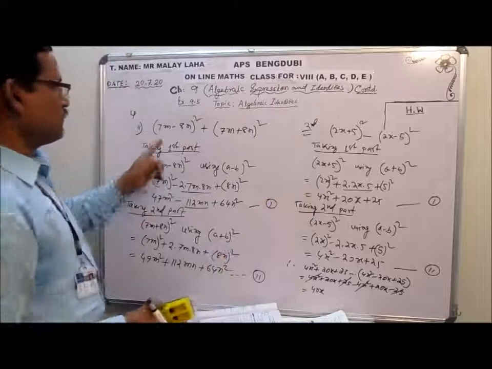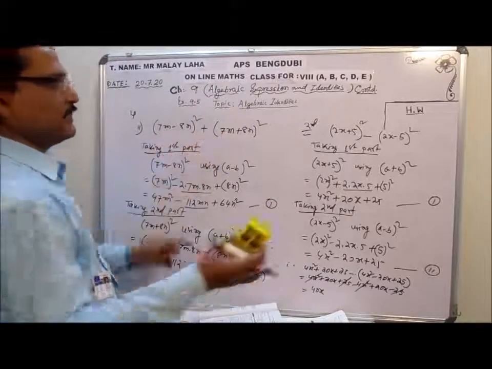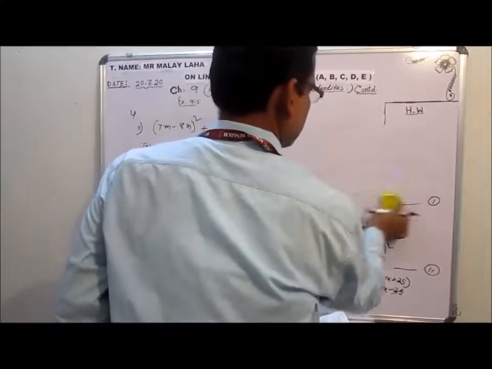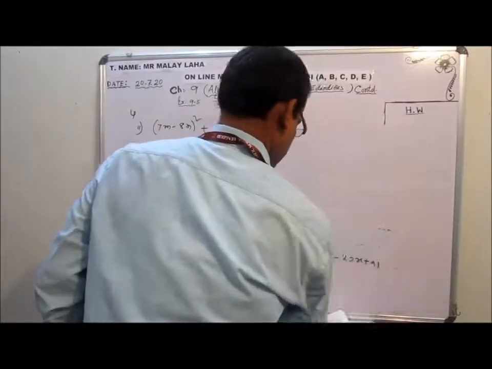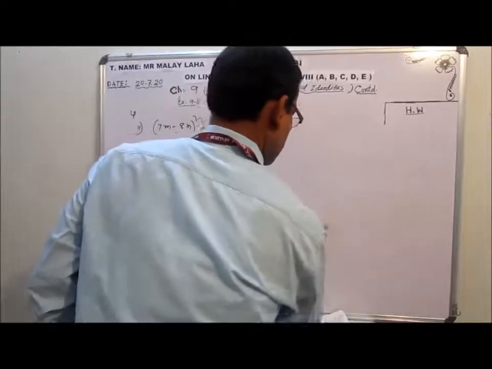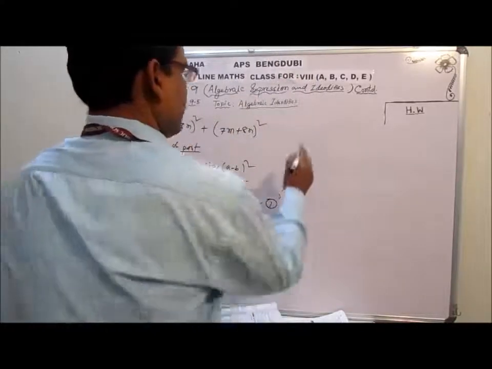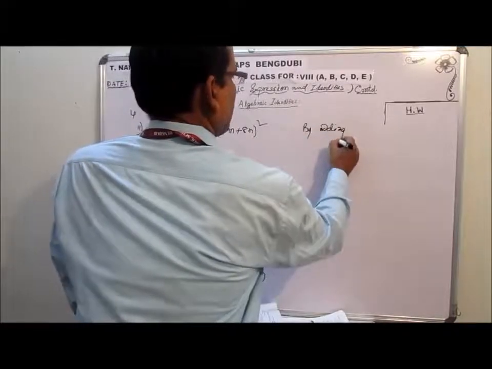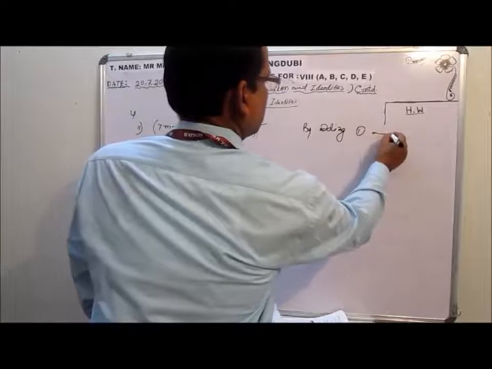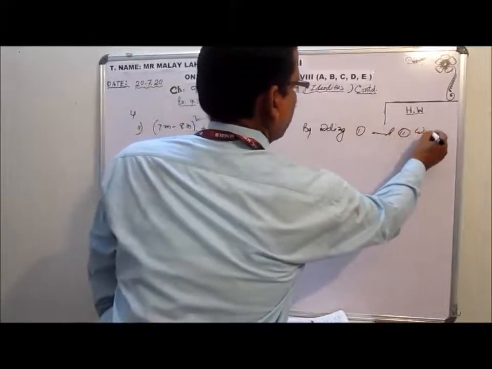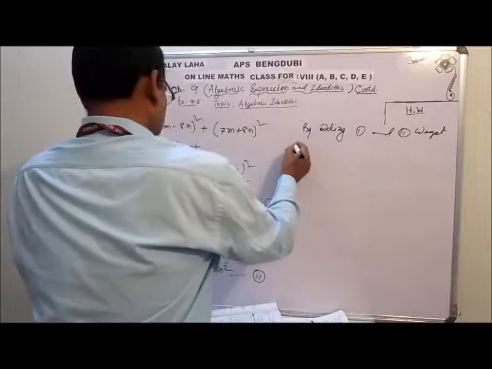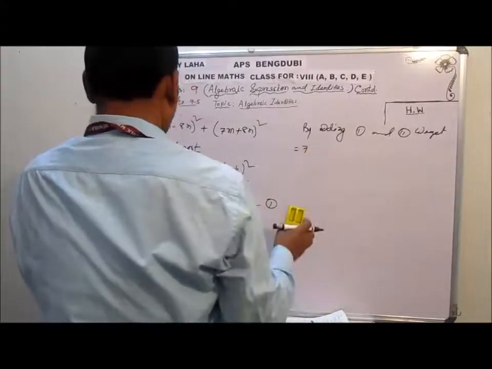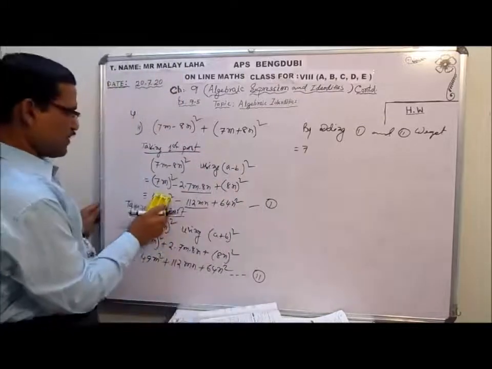Now what to do? First answer plus second answer. What will we write down? By adding 1 and 2 we get, so first one is what? 7 7s are 49.